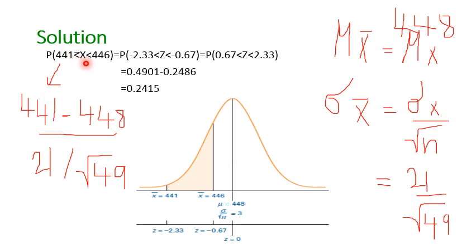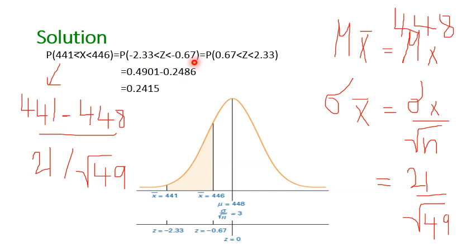So by this we converted x bar to z. So I will compute this quantity. This will give me negative 2.33, and I will compute the value of 446 minus 448 over 21 over square root 49. This will give me negative 0.67.